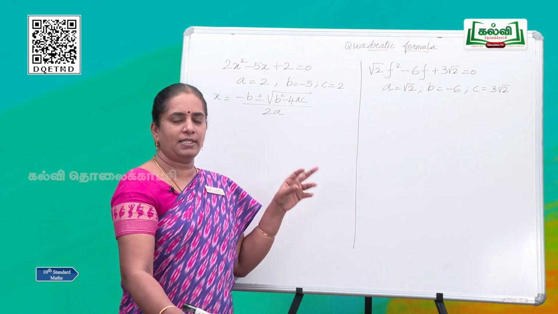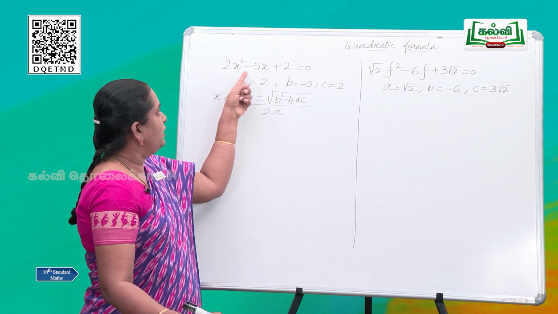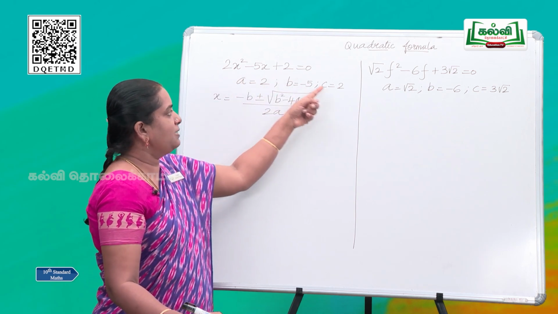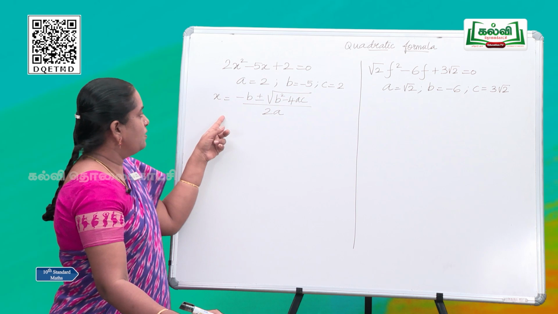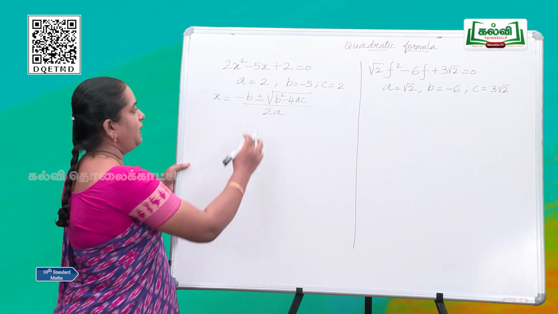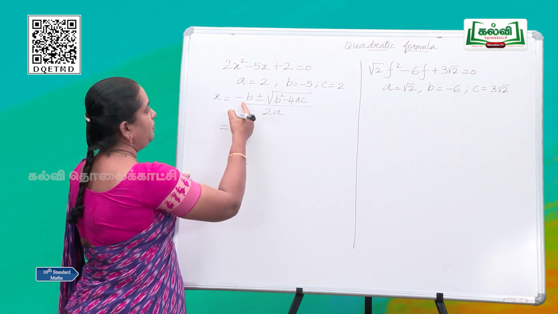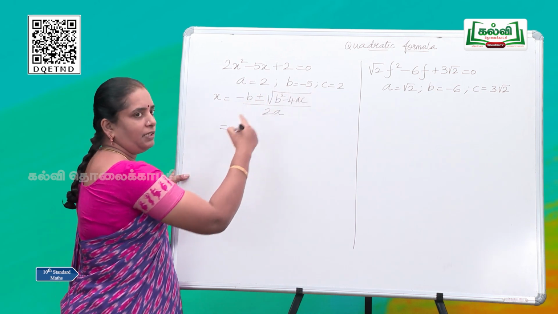Here we should know what is a, b and c. A is the coefficient of x square which is 2, b is minus 5, c is 2. So, using this formula, x is equal to, you know the formula very well, minus b plus or minus root of b square minus 4ac by 2a. Here minus b. So, b is negative 5.